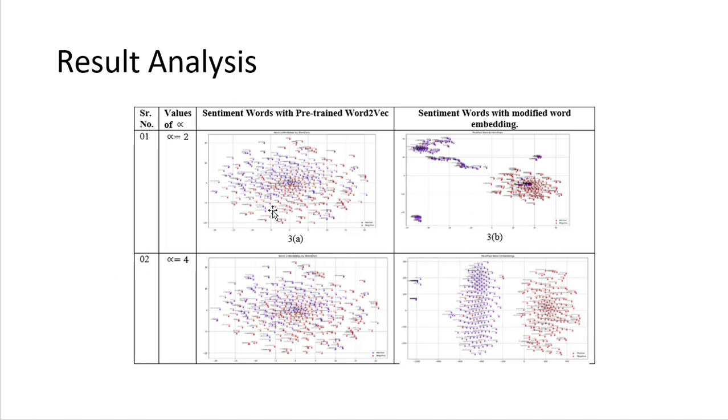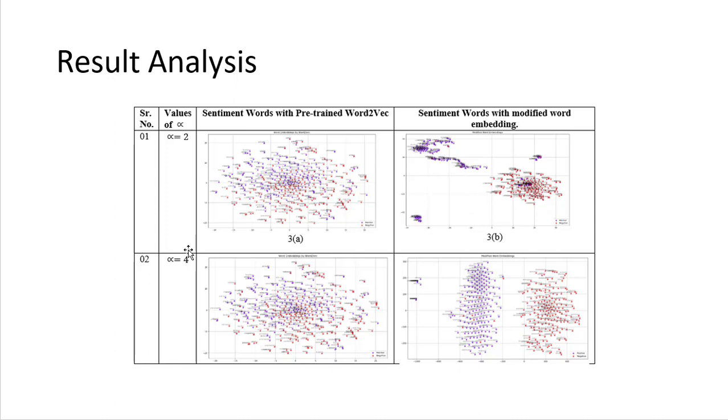By using the t-SNE algorithm, we have brought the word embeddings from the larger dimension to fewer dimensions, that is 2, for visualization purposes. But in 3.b we can identify that positive and negative word embeddings are far away from each other. So red points are closer to each other, and blue points are far away from that red point cluster.